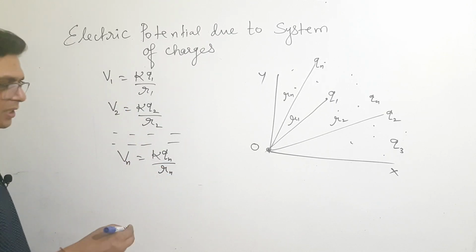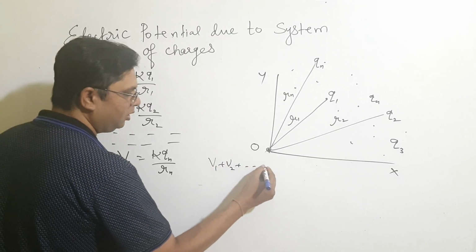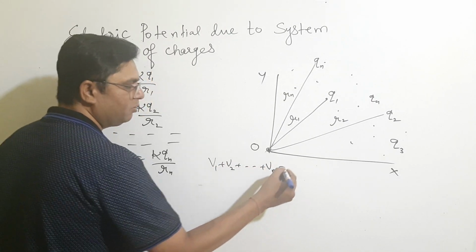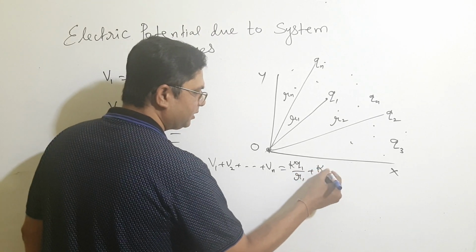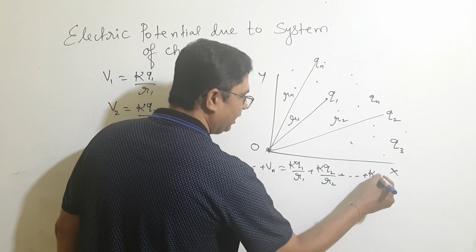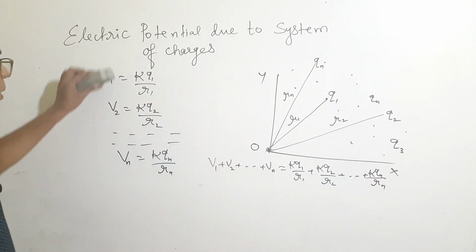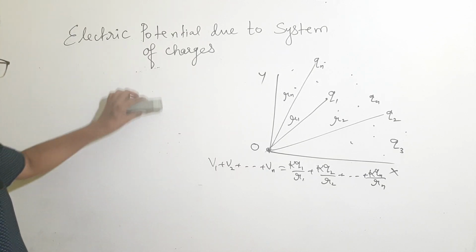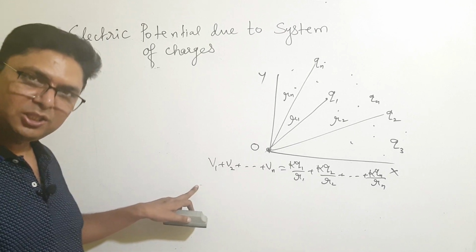Add these equations, and you get V1 plus V2 plus dot dot Vn equals k q1 by r1 plus k q2 by r2 plus dot dot k qn by rn. So the potential due to n number of charges is the algebraic sum of individual potentials.